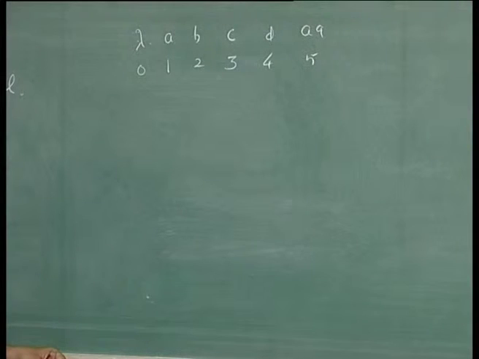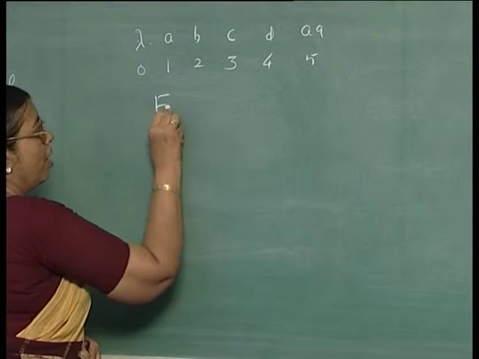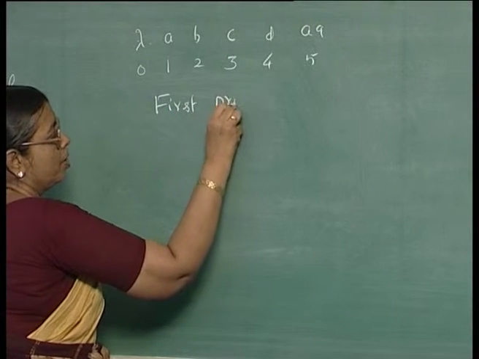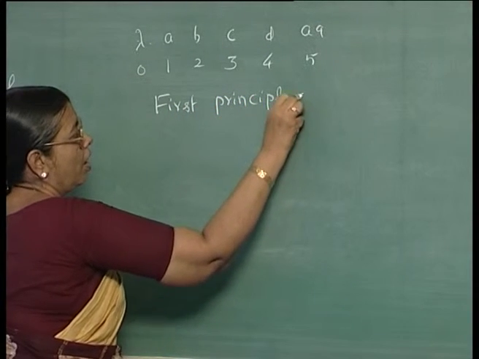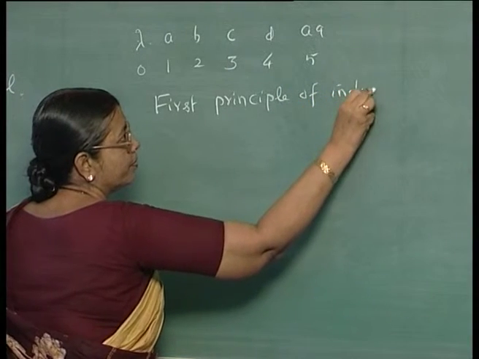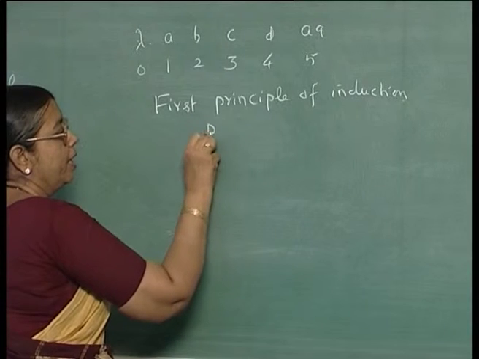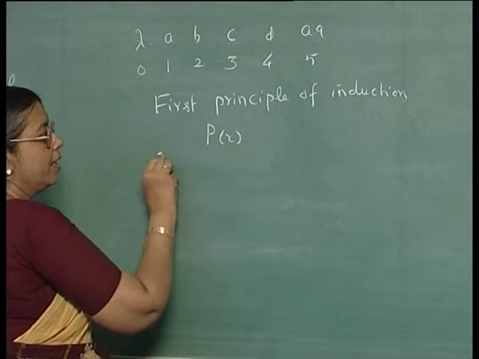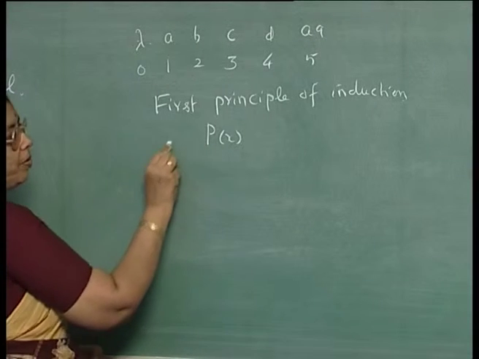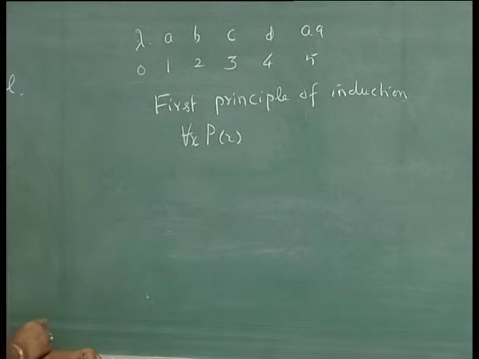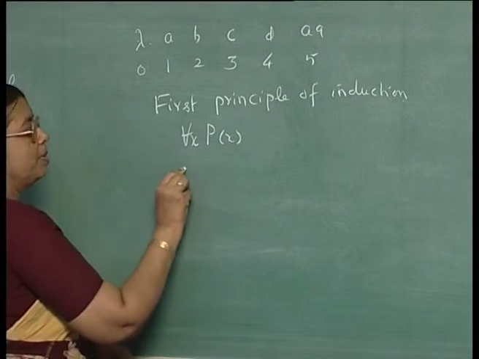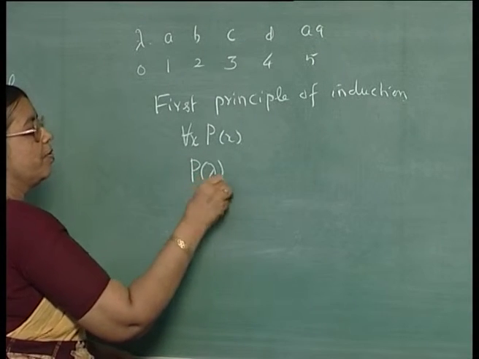In such a case, this is a well order, and the set can be put into one-to-one correspondence with the set of natural numbers. In this case, you can use the first principle of induction. If you want to prove some property for the set of strings over sigma star, say you want to prove for all x, P(x), where P is some property of strings, then with the first principle you prove P(lambda), that it holds for the empty string.